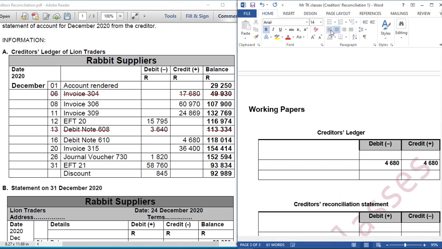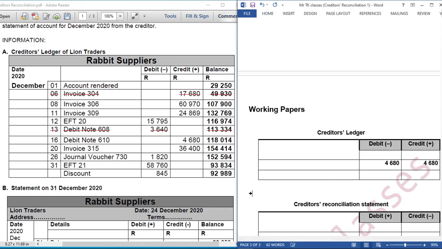All right, let me explain. This is the entry that was there already, 4,680. So a debit entry is a negative. We are going to have 4,680, so you are going to have a 0. We would have reversed this one.